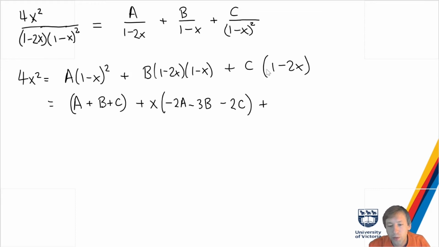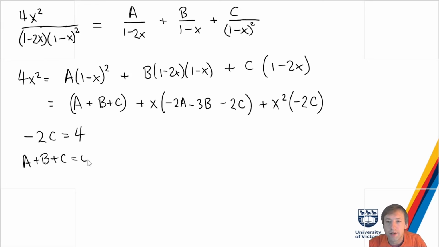I basically assume you know how to do this, but if any of this is not clear, if you were to expand this and multiply things out, you would get the same thing I have, but you just might do some more steps. So what this tells us is that -2c is equal to 4, a plus b plus c is 0, and -2a minus 3b minus 2c is also 0.